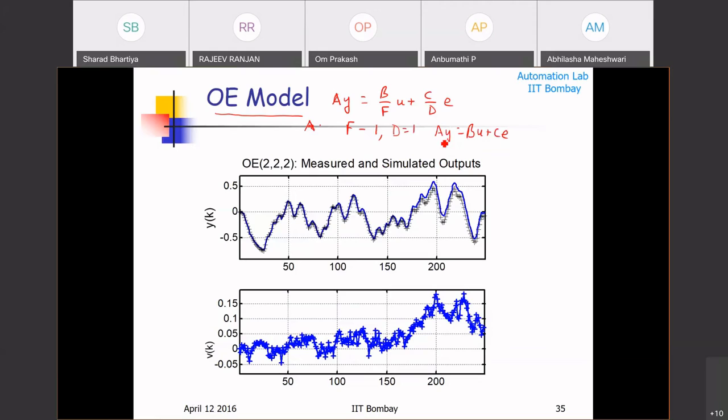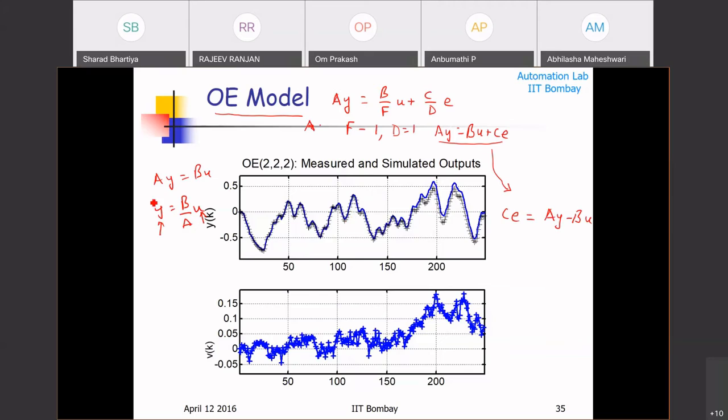I can write this in two different forms, which give rise to the two families of models. I can write this as Ce is equal to Ay minus Bu. Because my real model that I'm always interested in is just this: Ay is equal to Bu, or y is equal to B by A times u. This is what I'm interested in. What is the output y of k, the input u of k, and what is their relationship?